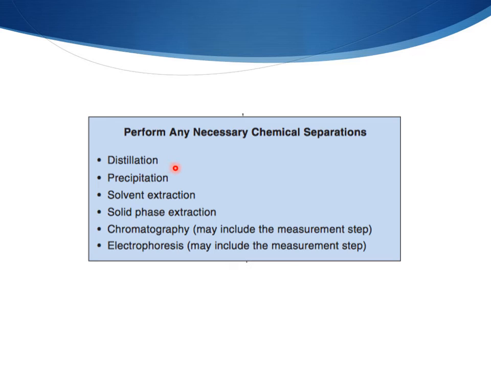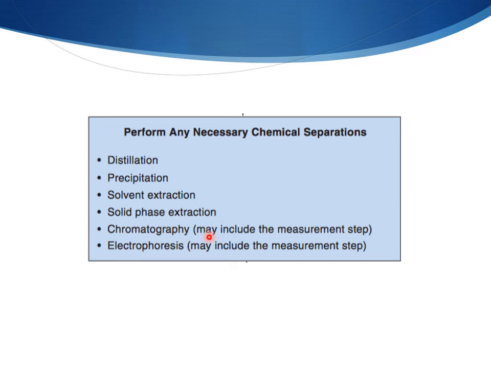Then when we have the sample in the proper form, we can perform any necessary chemical separations. We have already discussed these a bit. For necessary chemical separations, the techniques which we can use are distillation, precipitation, solvent extraction, solid phase extraction.